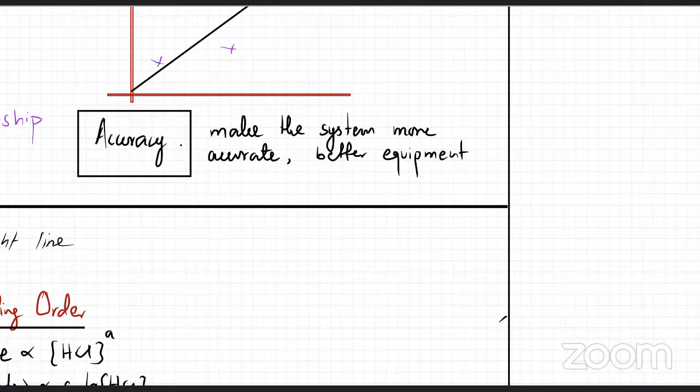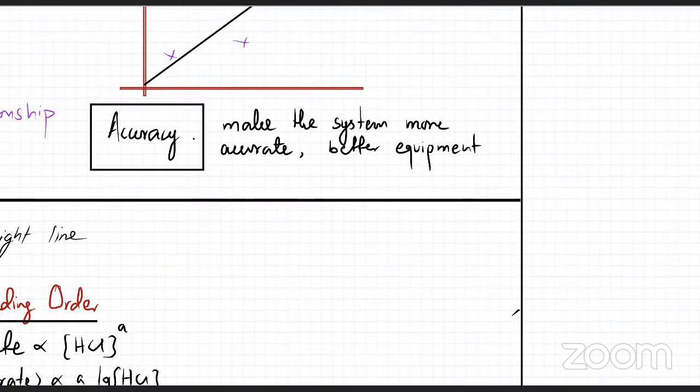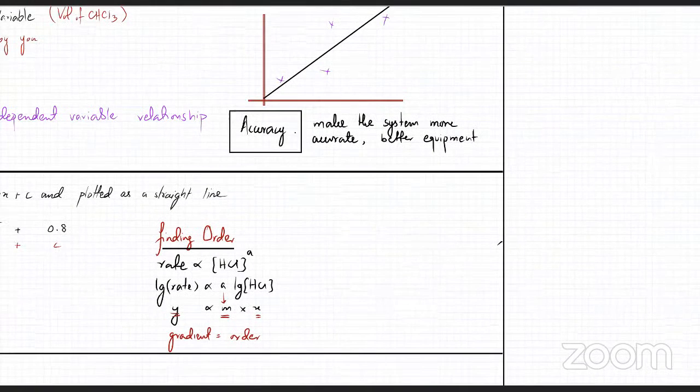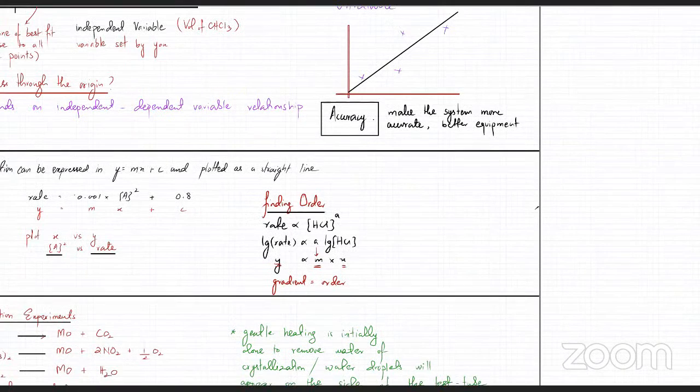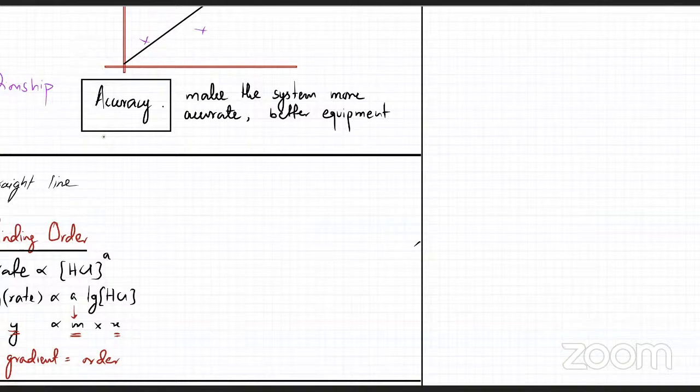That's better equipment too. If you use a styrofoam cup, you'll obviously decrease the heat loss. So remember, accuracy is very system specific. You've got to improve the apparatus. Now, one more thing about accuracy is that you can make the results more accurate by using larger values. If you use larger values, you're always going to have a smaller percentage error.